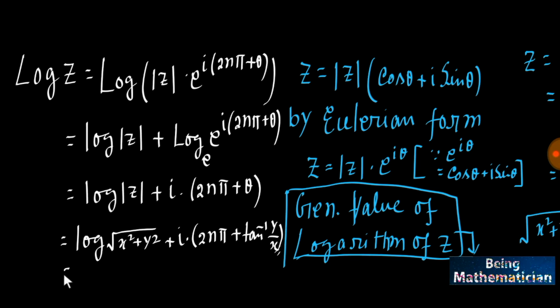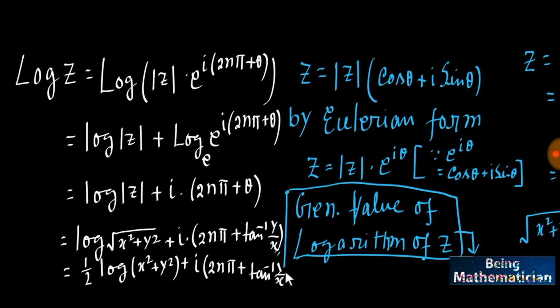So by the property of log, it will be half into log (x square plus y square) plus i into (2n pi plus tan inverse y by x). So this is the general representation of the logarithm of a complex number.